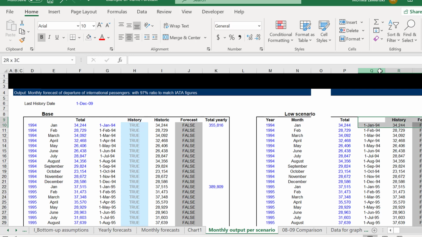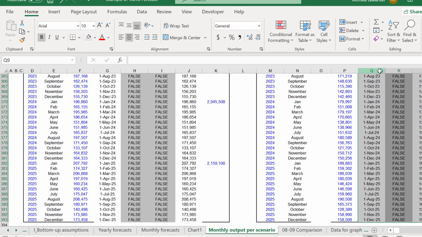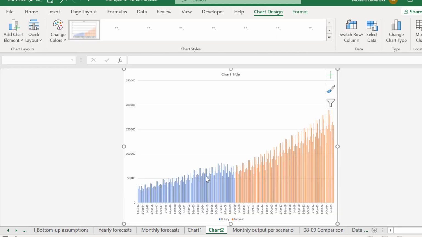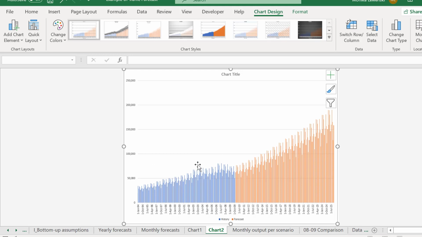In this case, it wouldn't have even mattered, by the way. And then you press function F11. And even in the low case, we have some increase. I'm a conservative old banker. I would like this low case to look a little bit more like a low case.